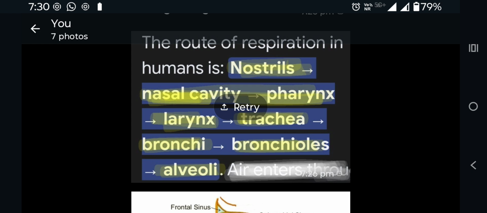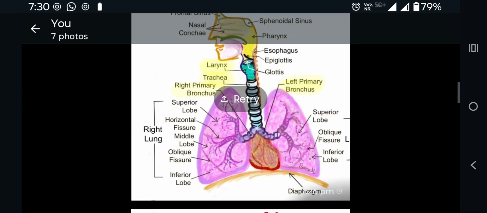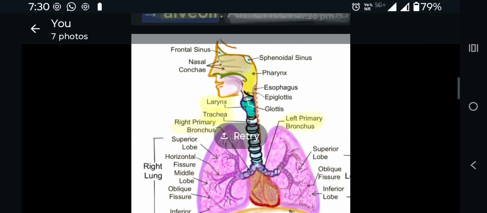This is the route oxygen takes, and carbon dioxide, there is transportation and exchange of gases through this route. You can see here the pair of lungs, and the larynx, trachea, bronchi, superior lobe, inferior lobe, middle lobe, oblique lobe.